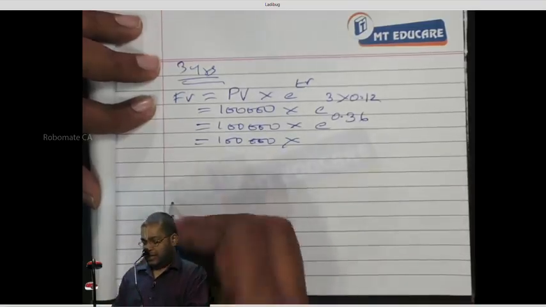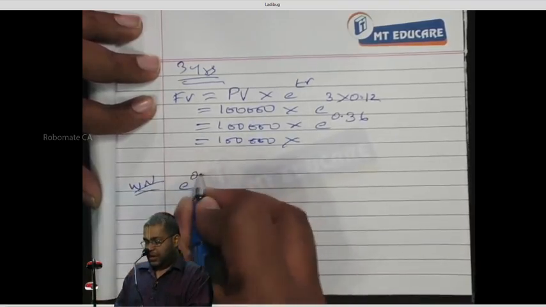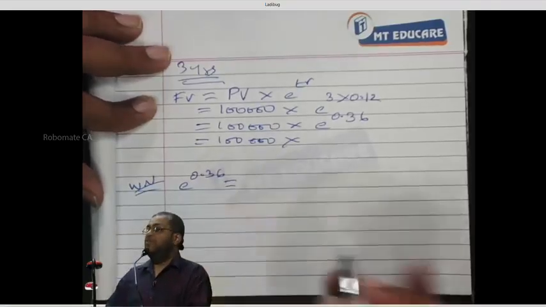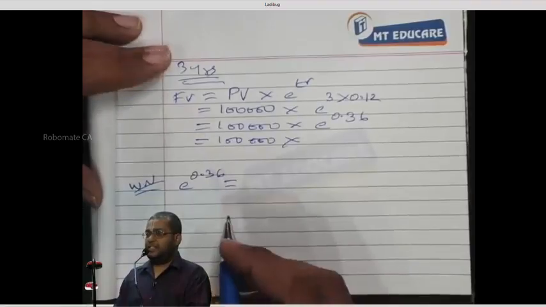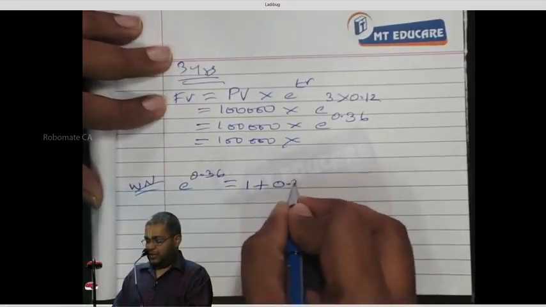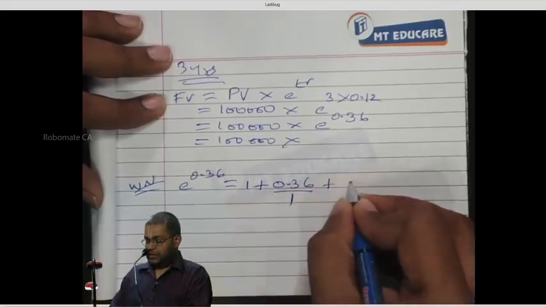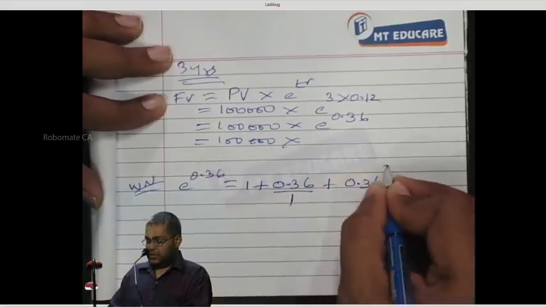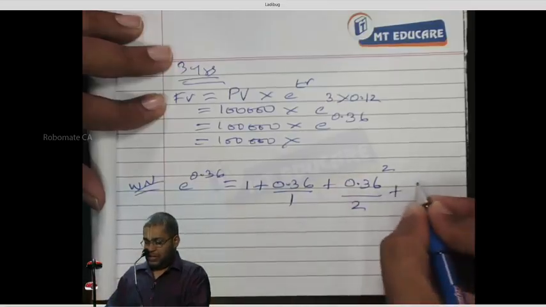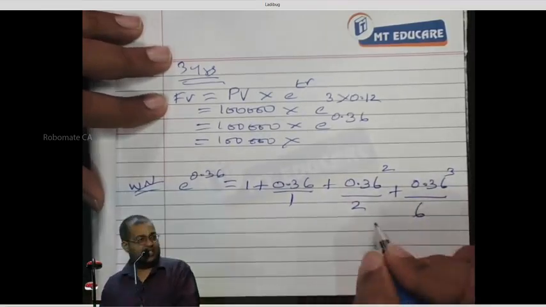Now, let's have a working note. You have to find out e power 0.36. We know the formula. e raised to x is 1 plus x by 1 factorial, so 1 plus 0.36, plus 0.36 squared divided by 2 factorial, which is 2, plus 0.36 the whole cube divided by 6.